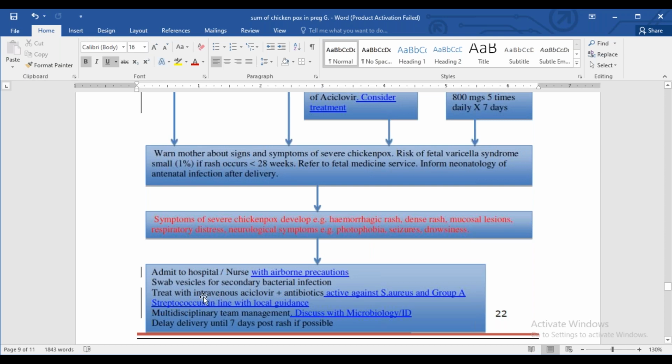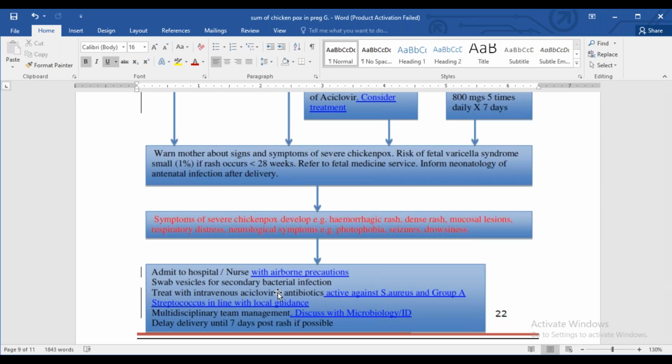Intravenous acyclovir is reserved for patients who have severe chickenpox with these symptoms, and the oral one for those who have the rash, still within 24 hours. If she is more than 20 weeks, give it.